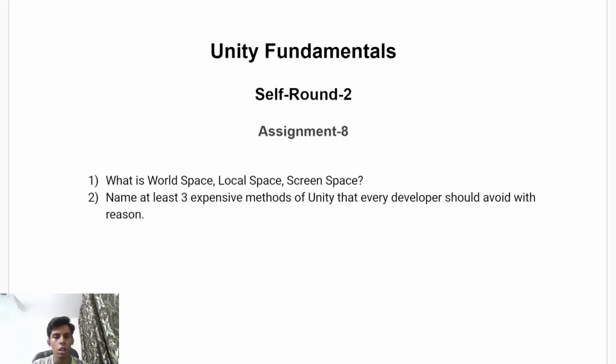So next question is three expensive methods that every Unity developer should avoid. That could be GameObject.Find or FindWithTag. This method is expensive because it searches the entire hierarchy of the scene to find a specific game object.